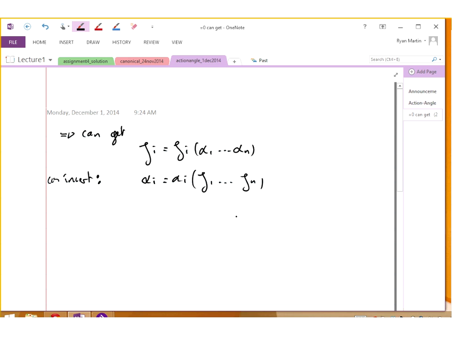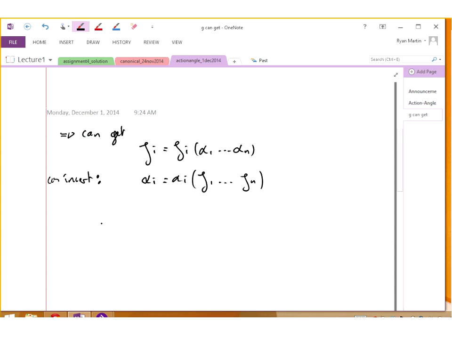Okay, so we make the assumption that we can find what the J's are in terms of the alphas, and we can invert those transformations. So this means that we have a way of going back and forth between the J's and the alphas. All right?